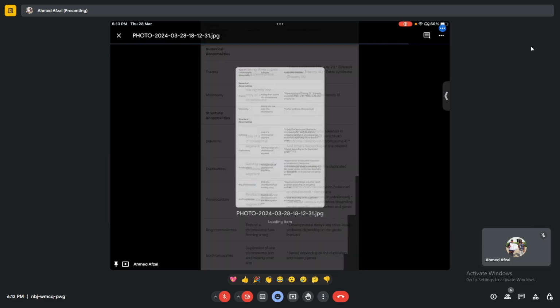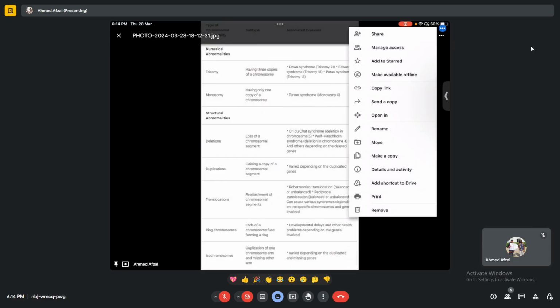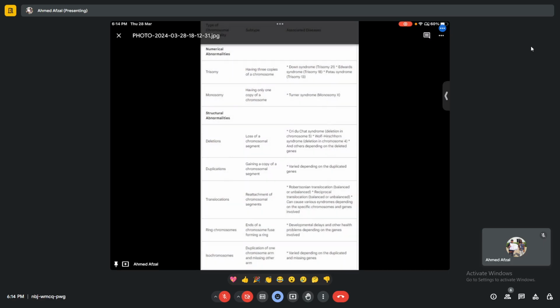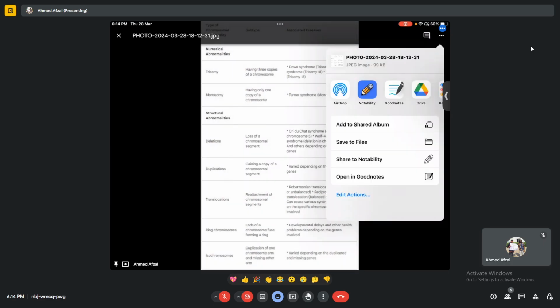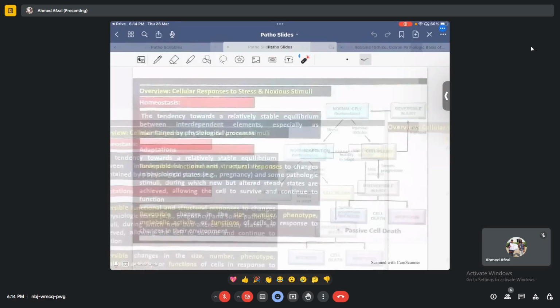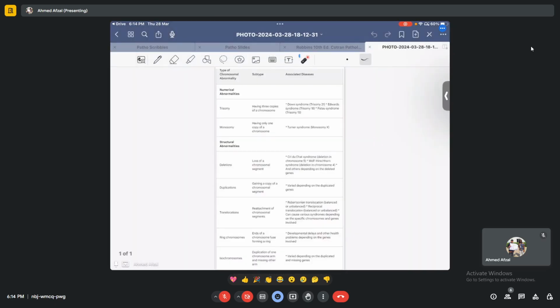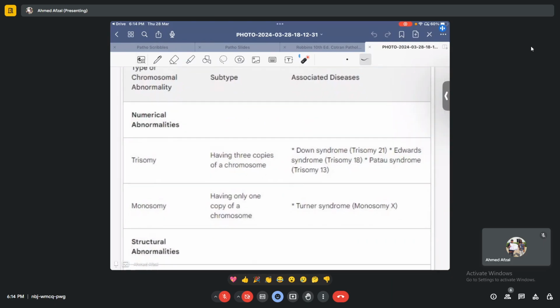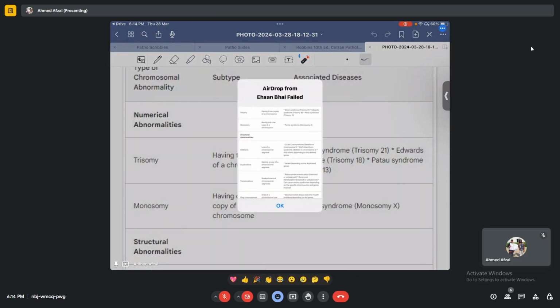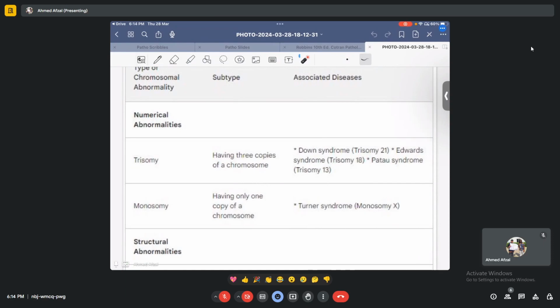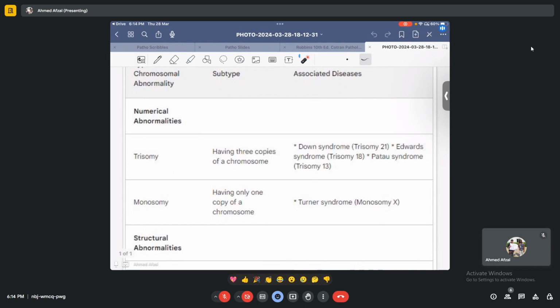Awesome. So, types of chromosomal abnormalities, how they happen, and what are their diseases. So, trisomy, three copies of a chromosome, three types: Down syndrome, Edwards syndrome, and Patau syndrome.